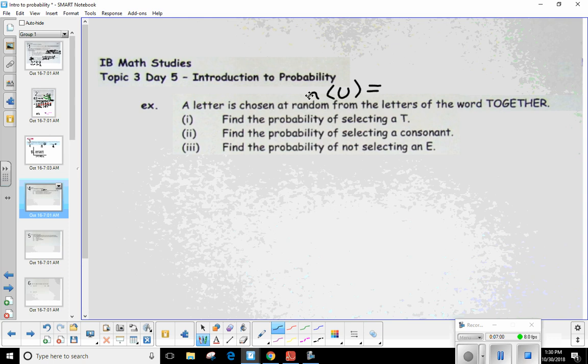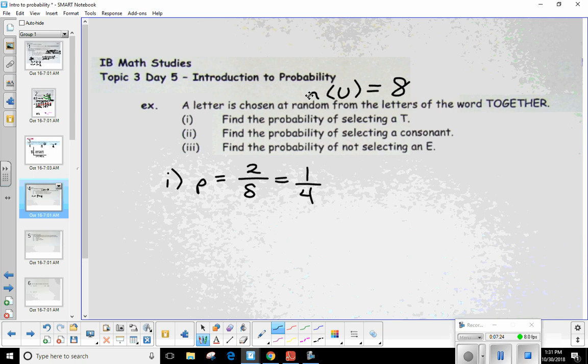Now, even though some of them repeat, those are still possible outcomes, right? So there's 8 total. And I'm looking for the probability of selecting a T. How many of those would we call favorable outcomes? Yeah, there's 2 T's, right? So the probability would be 2 out of the 8 total. So I'd say there's a 1 in 4 probability of getting a T if I just randomly chose.